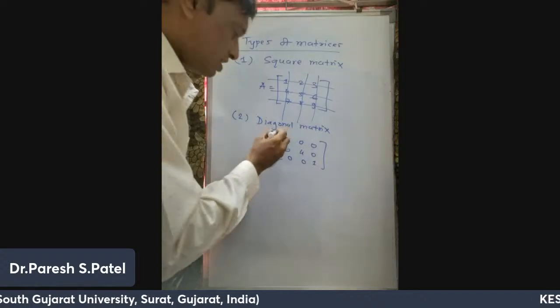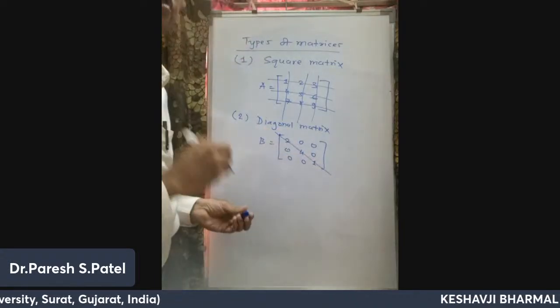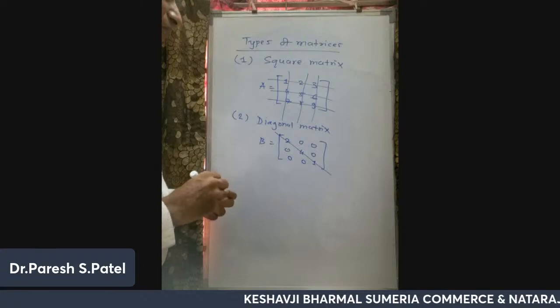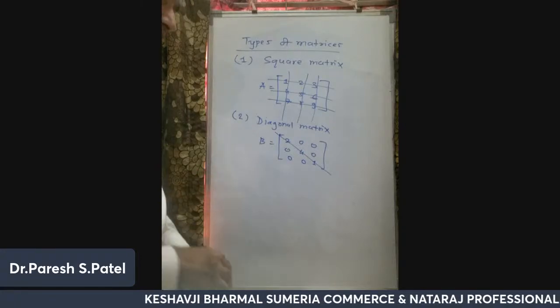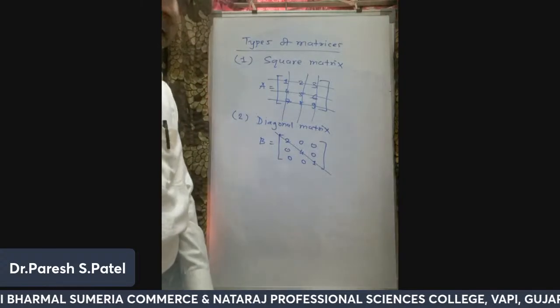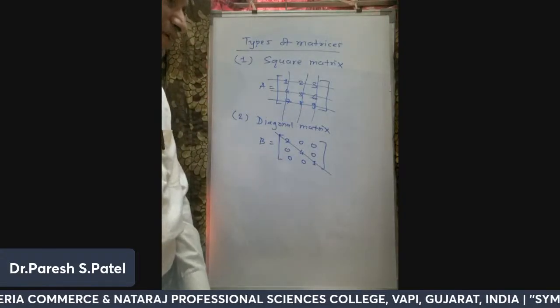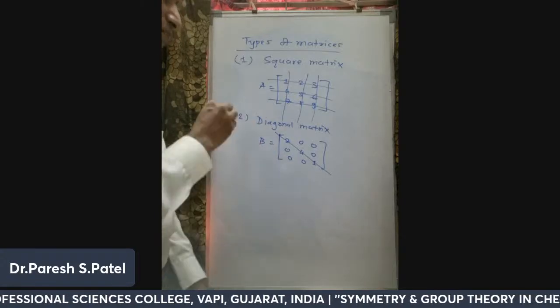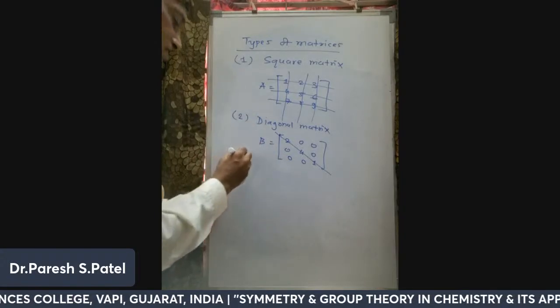Okay, this can be represented as a diagonal position of this matrix. And in case of the diagonal matrix, the diagonal position of these elements have some definite values and remainings are 0, which can be recognized as a diagonal matrix.